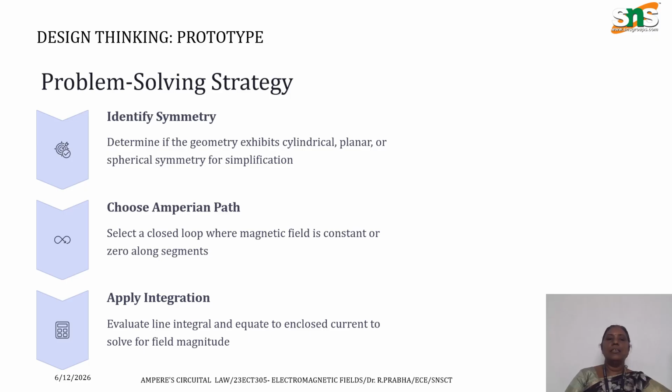Now, in the design thinking part of prototype, we see the problem solving strategy. In the problem solving strategy, the first step is to identify the symmetry of the geometry, whether it exhibits circular, cylindrical or planar symmetry.